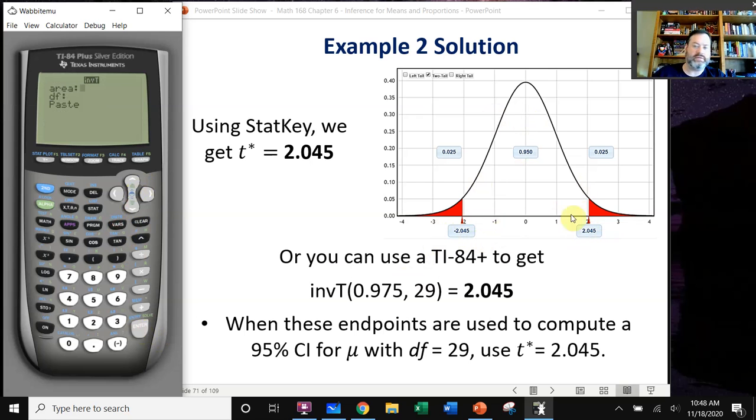It doesn't make any difference. So you either type in 0.025 and make it negative, or you add these two regions together, or you do 1 minus this, trying to find everything below this number. If this is 0.025, this is 1 minus 0.025, right? So that's going to be 0.975. Then you type in the degrees of freedom. We know it's 29. Right, 2.045.